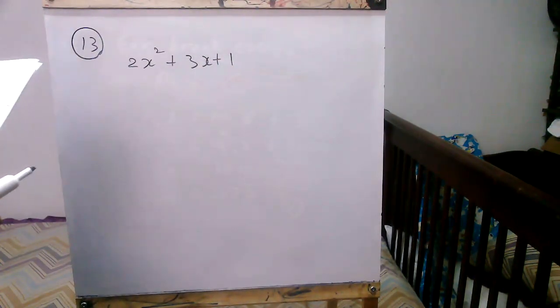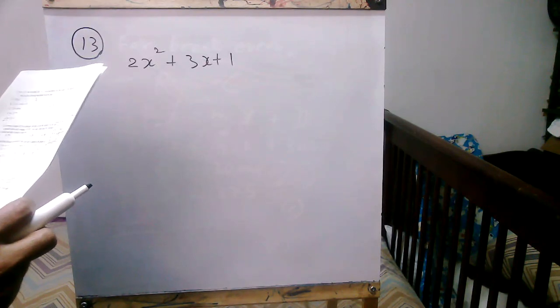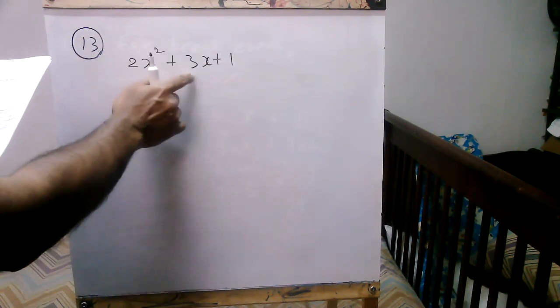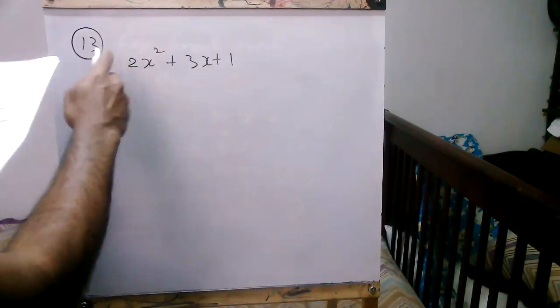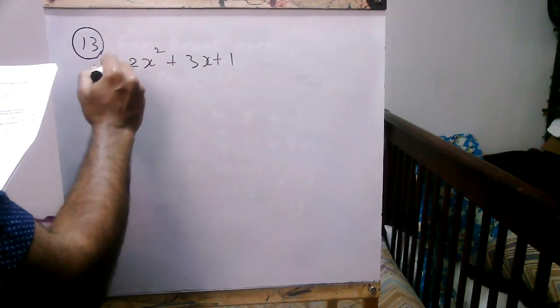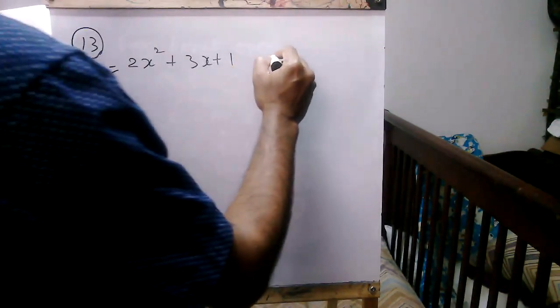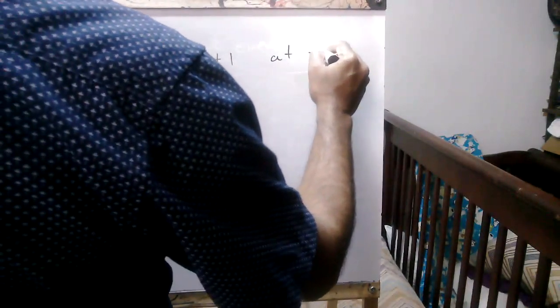I read the question again. Which of the following is the equation of the line that is tangent to the graph of y equals 2x squared plus 3x plus 1 at x equal to negative 2.